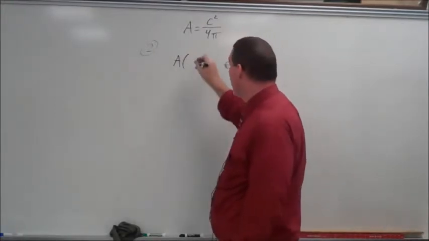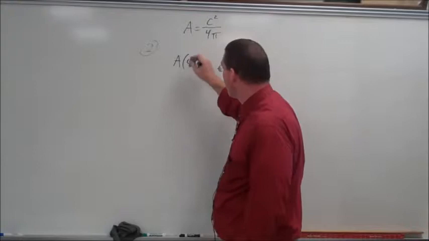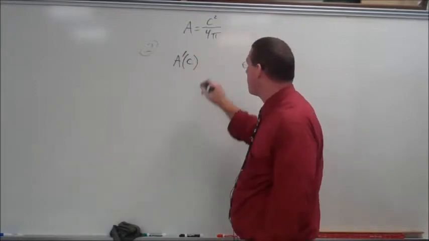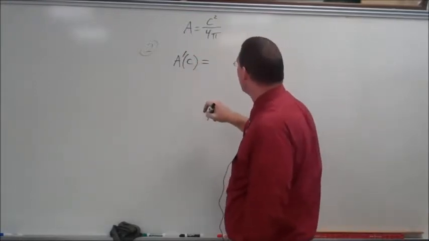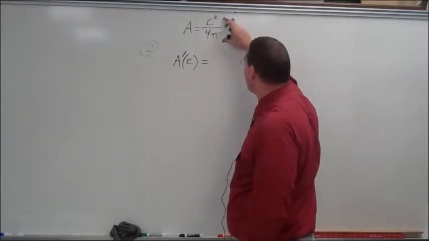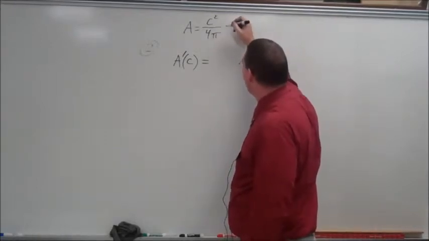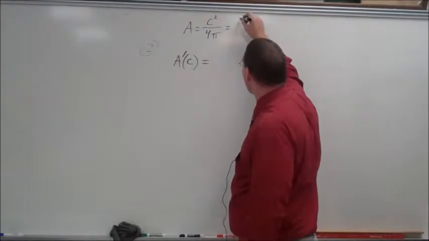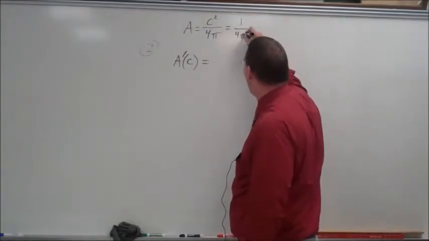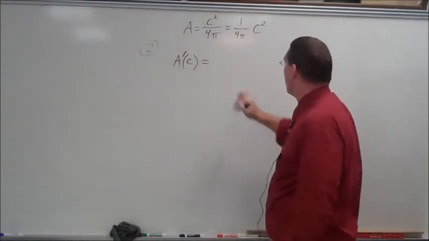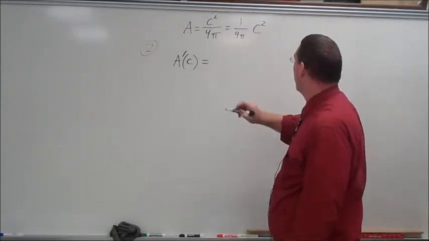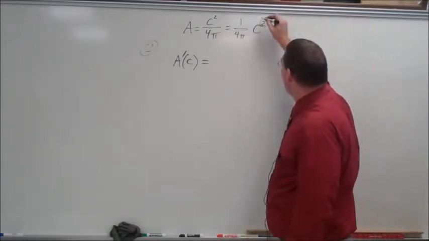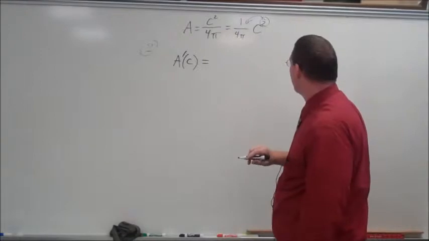It's the rate of change in area with respect to circumference. So I want A prime of C, and I'm going to apply the power rule to this. If you think about it, this is the same thing as 1 over 4 pi times C squared. I just took C squared out of the numerator.